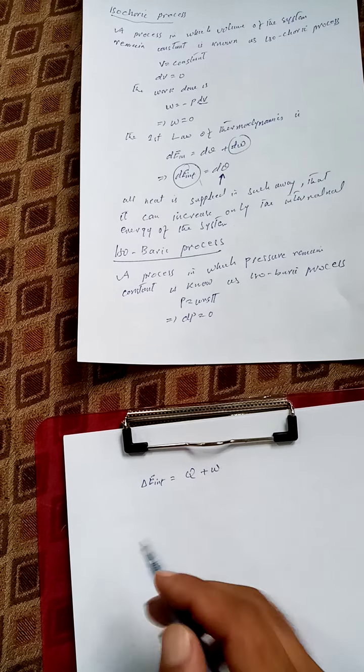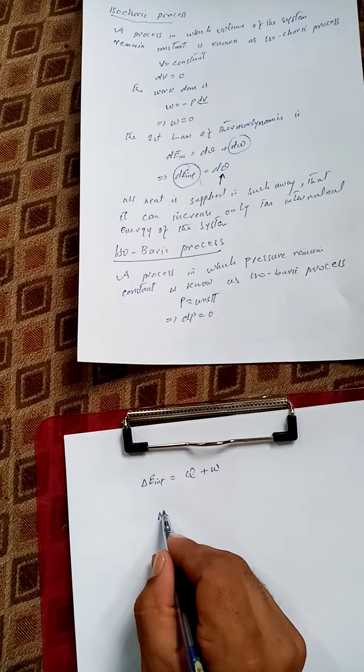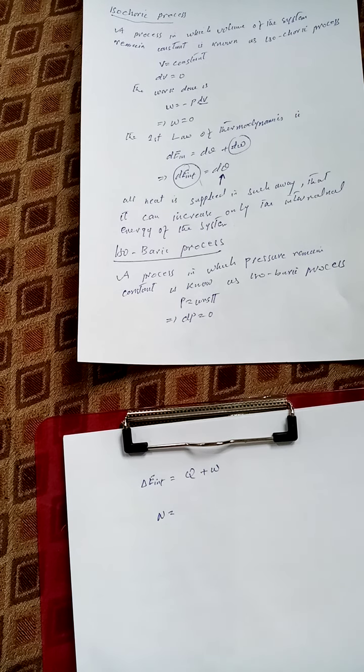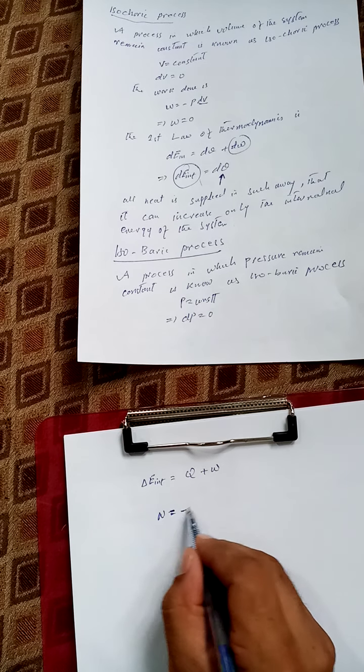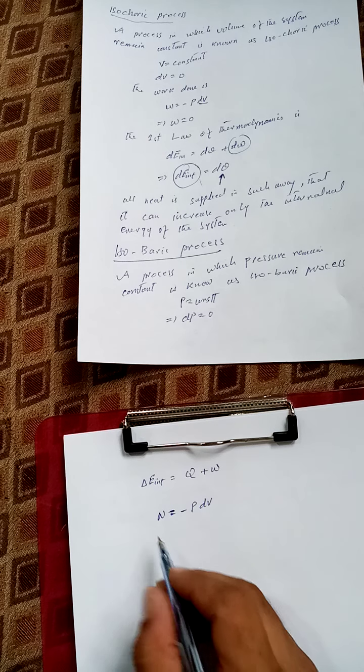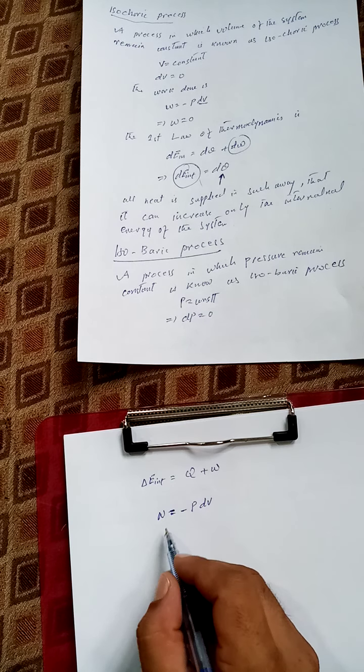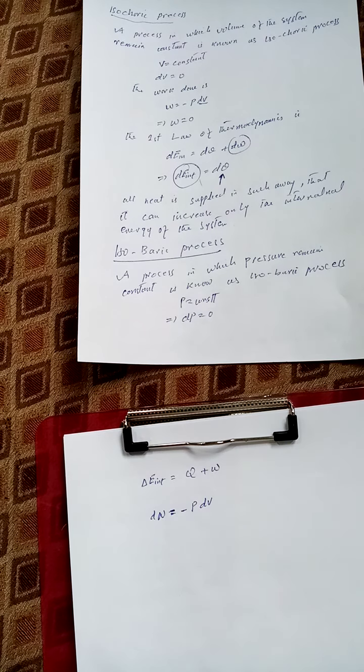So in case of constant pressure, the pressure remains constant, so it means that volume is changing. The volume will change from initial volume to final volume. Since pressure is constant, dW is equal to minus P dV.